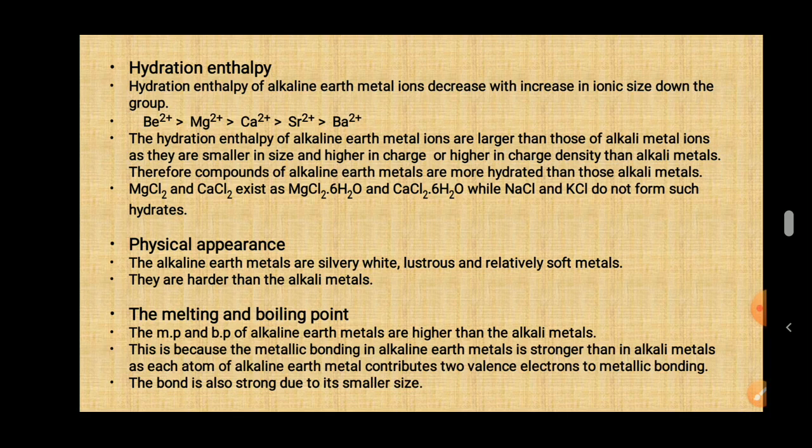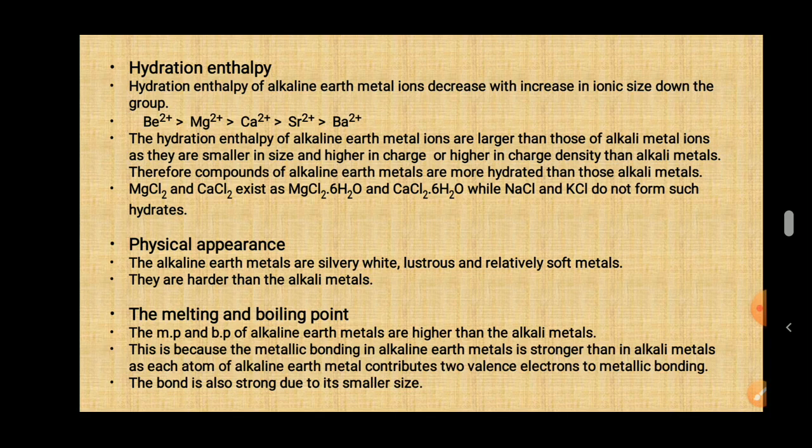Okay, and when we go down the group, what happens? Melting point and boiling point decreases down the group with respect to alkaline earth metals, because as the size increases, the force of attraction between the outermost electron and nucleus is weak, so we can easily break the force of attraction.